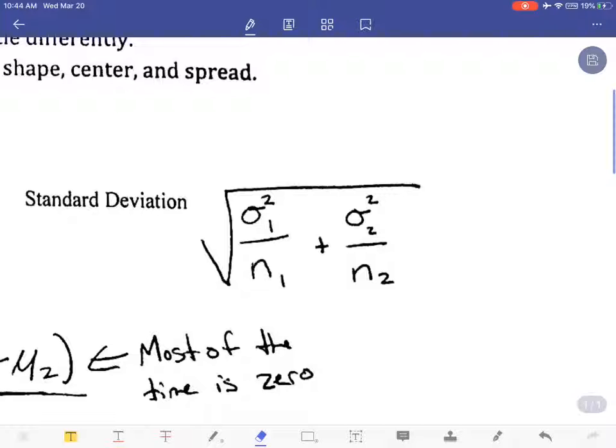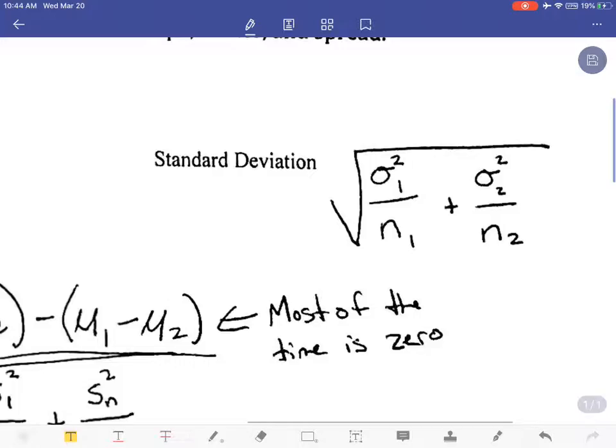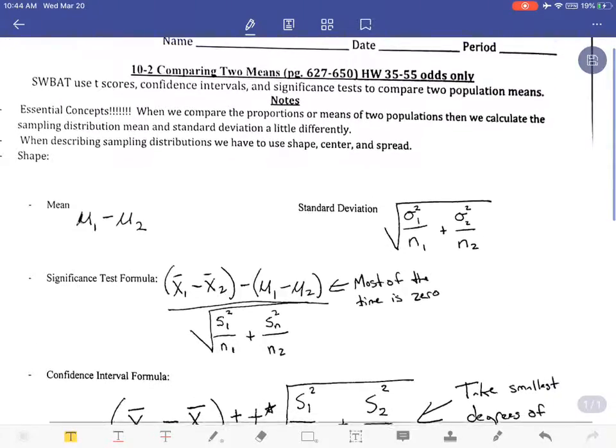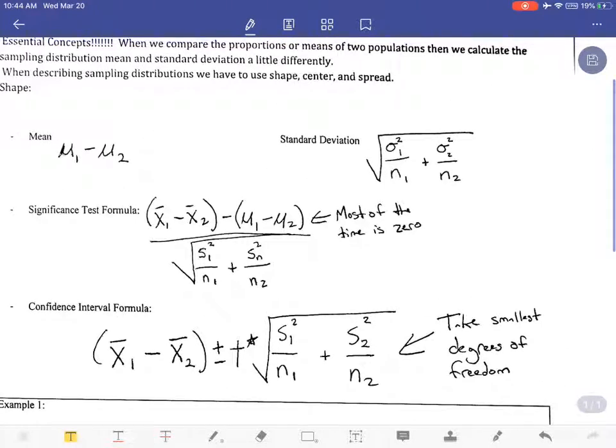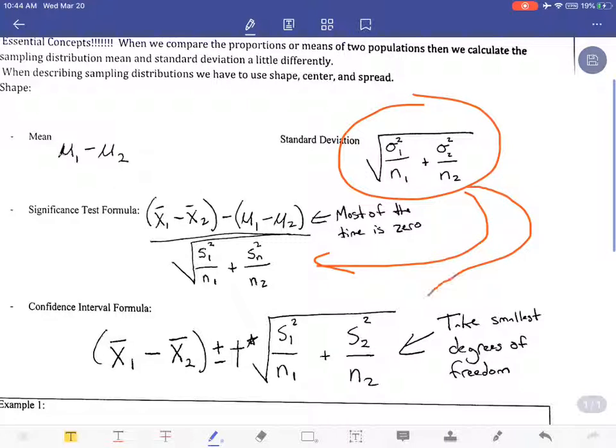So as we're going through and now looking at our formulas for our significance test and confidence intervals, basically we're using this standard deviation formula and essentially plugging it in to the bottom of our significance test, because remember that is where we put our standard deviation, and then we are plugging it also in to that last part of the confidence interval, because that's where it goes in our standard confidence interval formula.